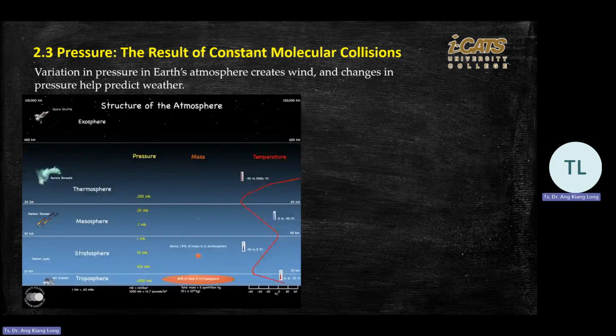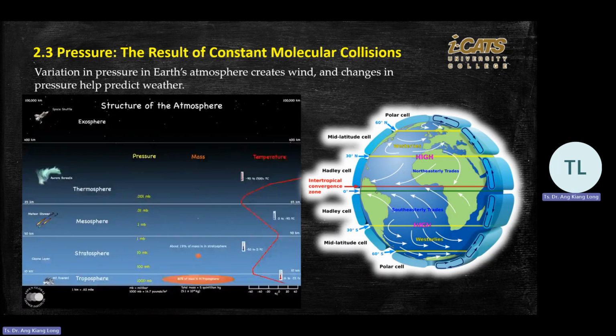On Earth, we have a few layers, troposphere, stratosphere, and so on, so you have different pressure. And from this chart, you can see there is also a difference of temperature. In the beginning, we said we're looking at 3 parameters: pressure, volume, and temperature. So if you talk about atmospheric conditions, you need to be careful about altitude because it will affect your temperature. The temperature will affect the way the gases behave.